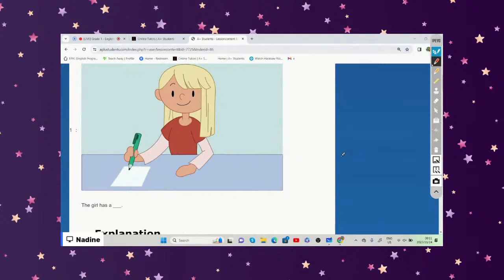If we look at what the girl has in her hand, we can say she has a pen. So the girl has a pen, and a pen is a thing that she has.